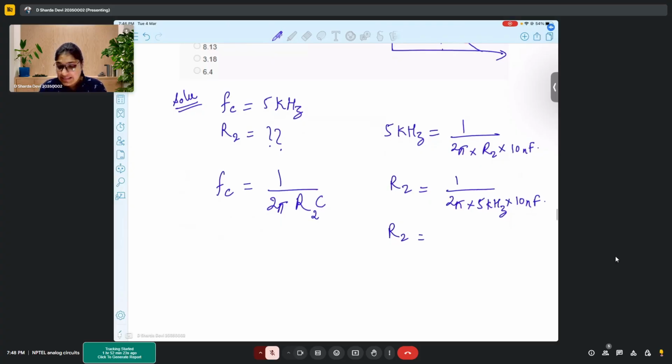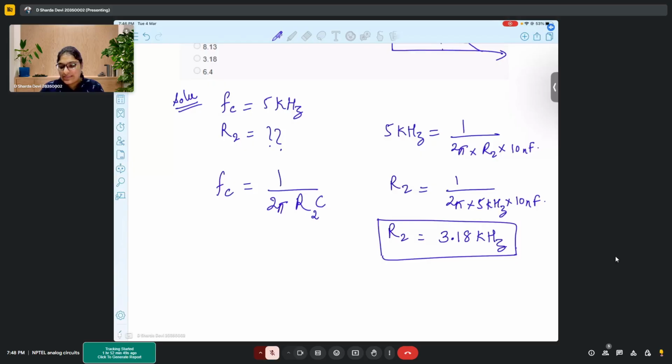After solving this, the value of R2 that we will get is 3.18 kilohms. This is the value that we will get for R2. Is this clear? Any doubts in this? No doubts, right? It is simply straightforward.